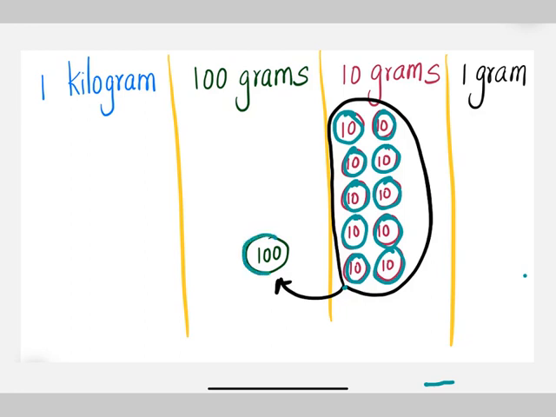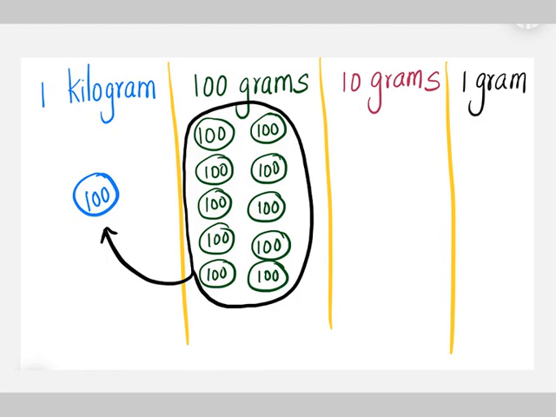Likewise, in the 100 grams column, I have drawn 100 grams. 100 grams will make 1 kilogram.